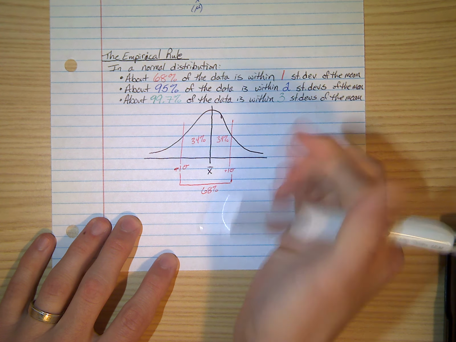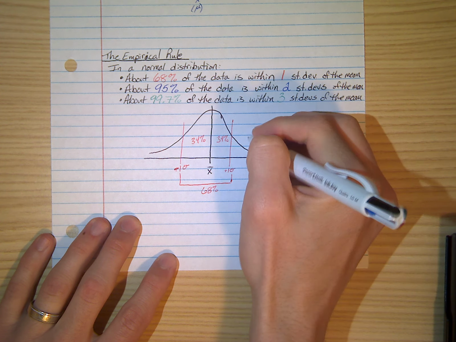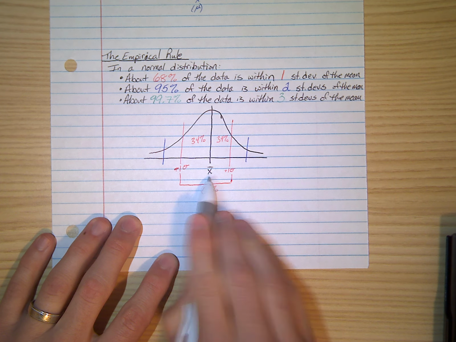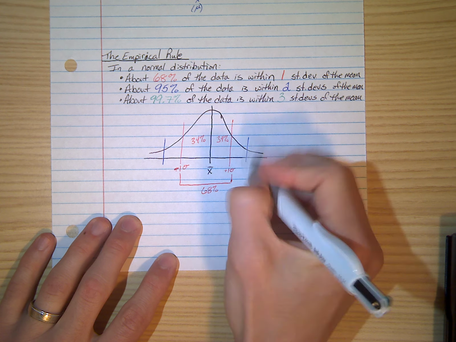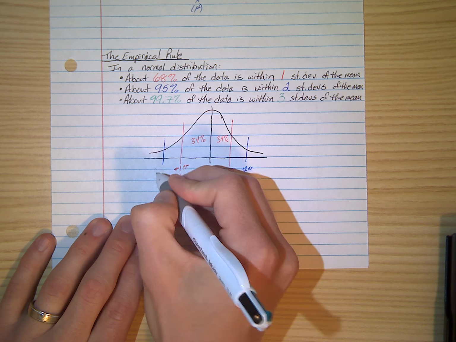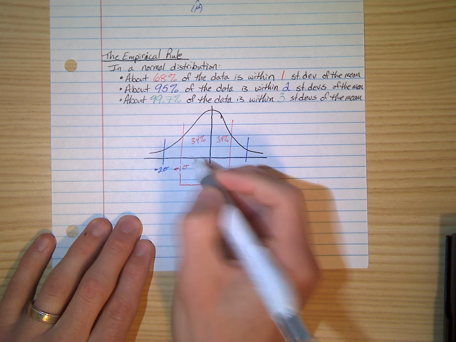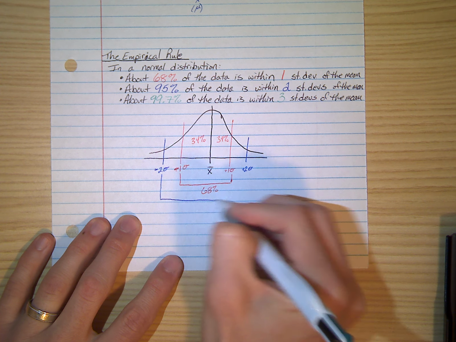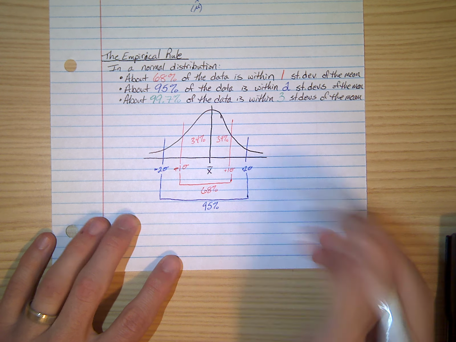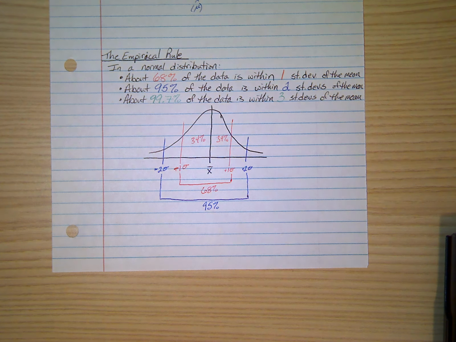Within 2 standard deviations of the mean, so from the mean, 1, 2 standard deviations above the mean, and 1, 2 below the mean, if you gather all of that, you'd have 95% of your data.